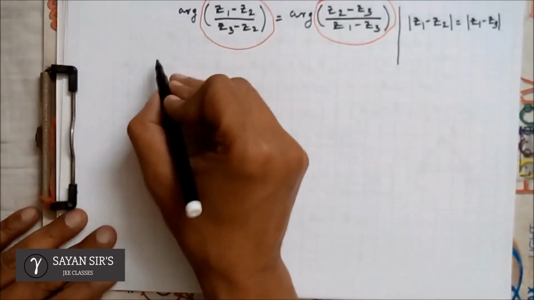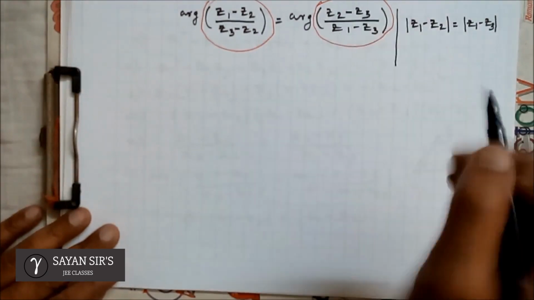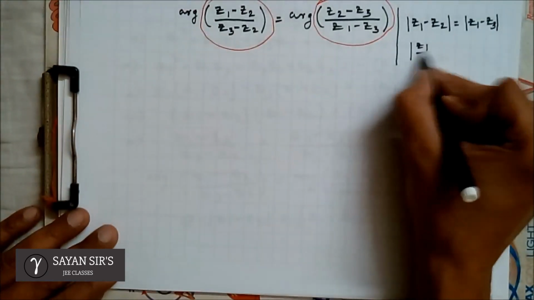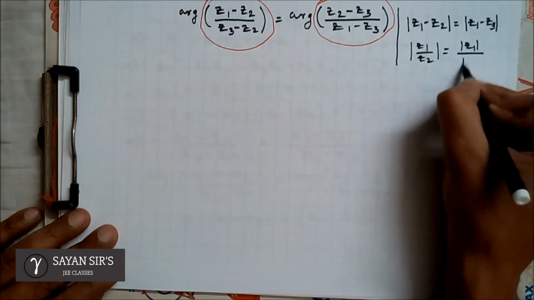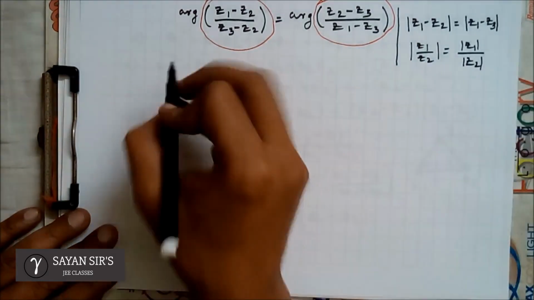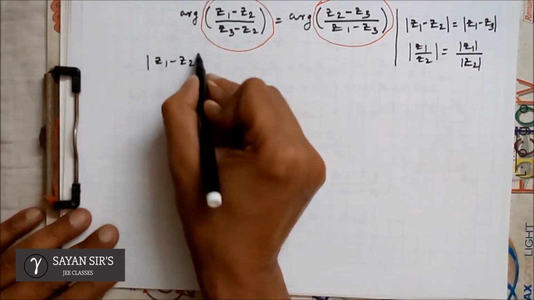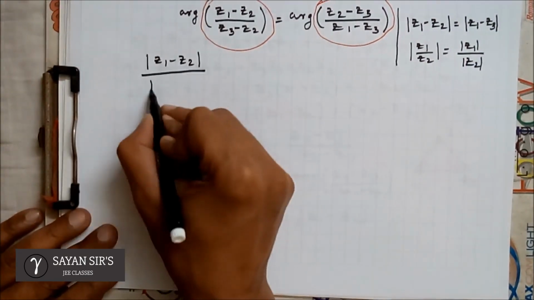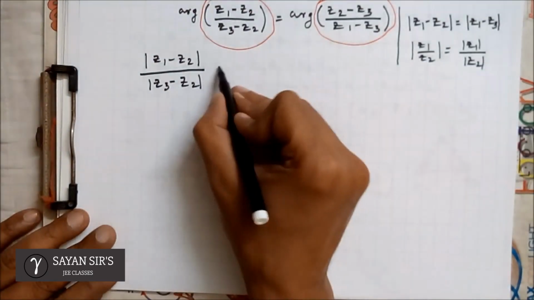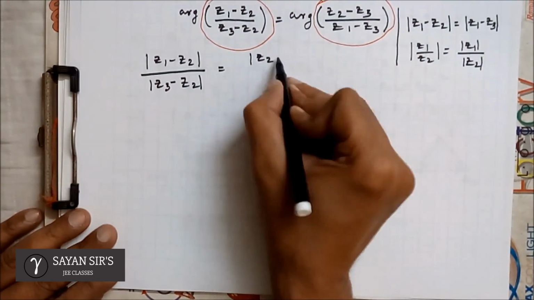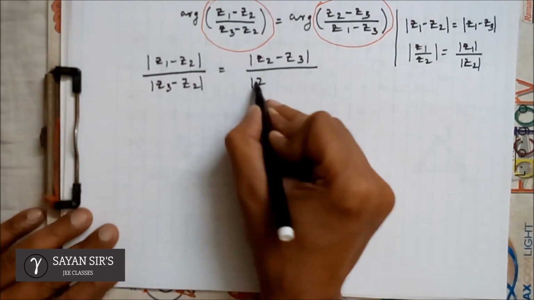So we can say that the mod of this equals the mod of this, but we know that the mod of z1 over z2 equals the mod of z1 over the mod of z2. So we can say that mod of (z1 minus z2) divided by the mod of (z3 minus z2) equals the mod of (z2 minus z3) divided by the mod of (z1 minus z3).